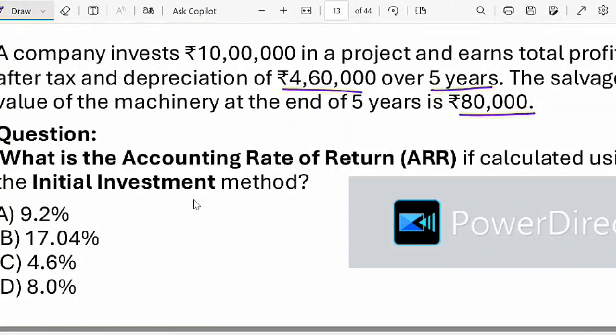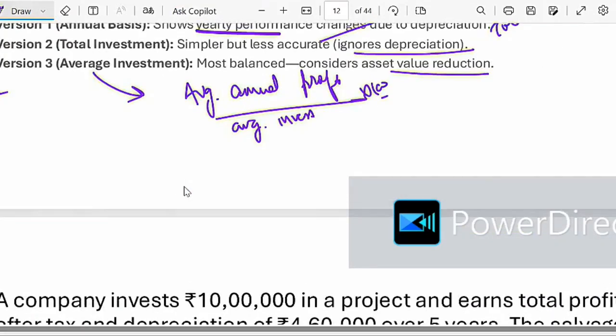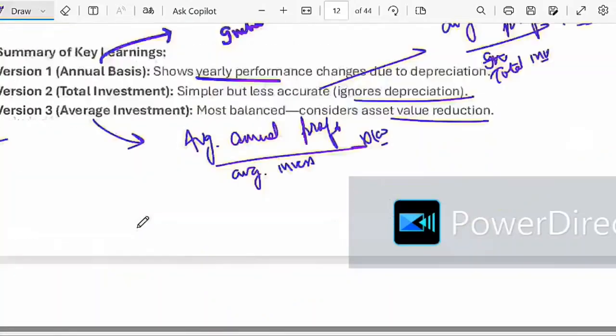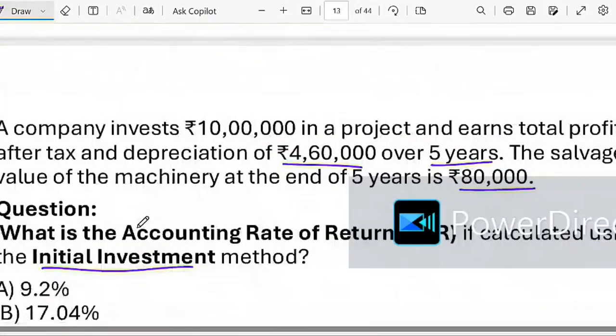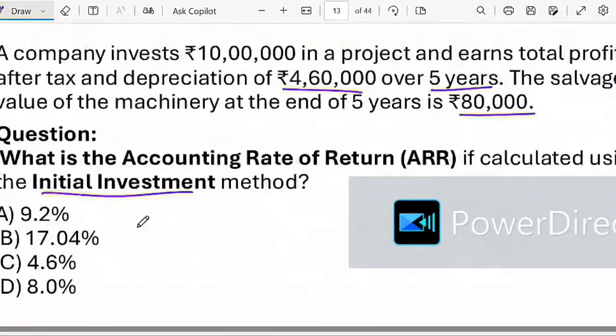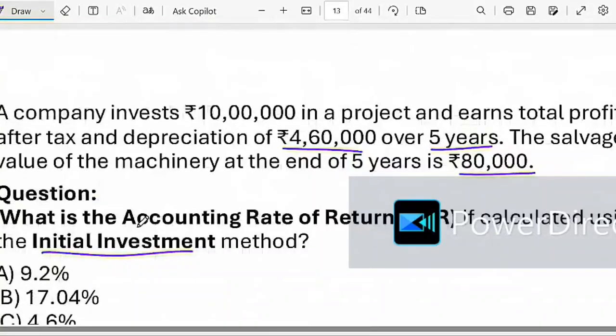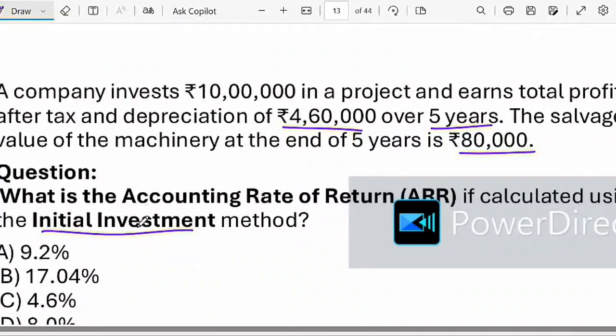What is the ARR if calculated using the initial investment method? Just now I told you three methods: annual basis, total investment, average investment. Please tell how to go about calculating it. Please try this question on your own. I'm giving you 1 minute, and then I will explain.